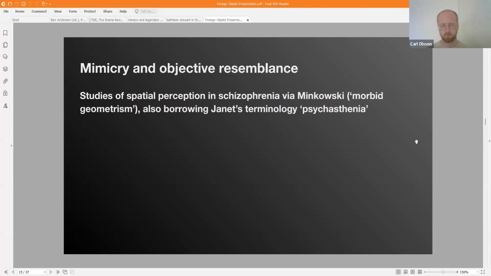And then he says that there is something reminiscent of this even in our representations of space. So he's writing this article in the 1930s, and there is this Bergson-inspired psychiatrist, Eugène Minkowski, who talks about schizophrenia as basically a weakening of the vital force, la vitale, and a representation that spatializes time.